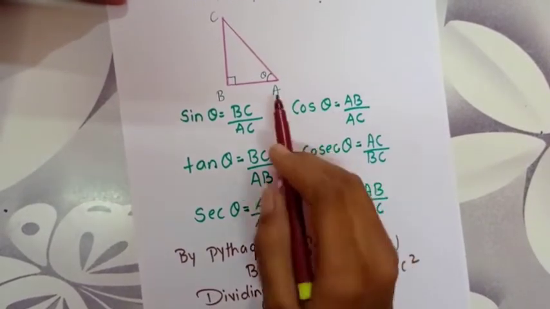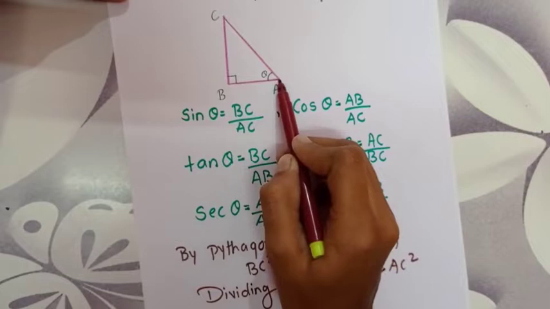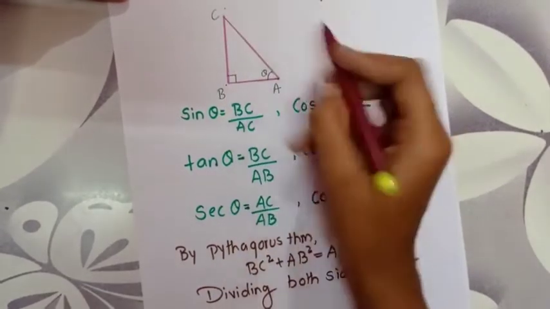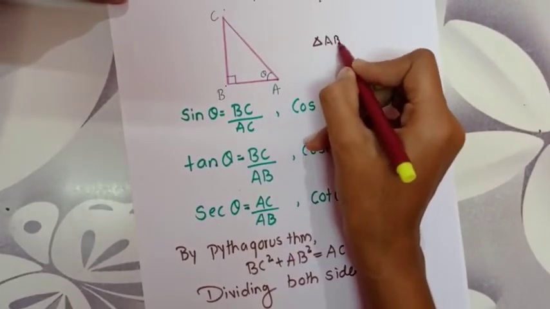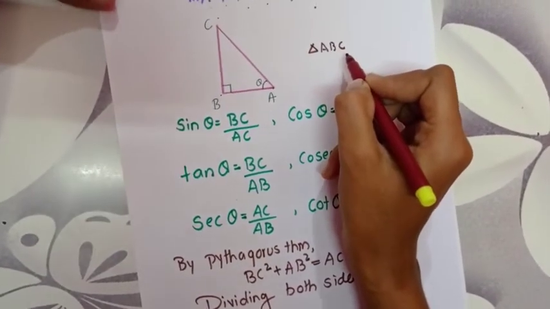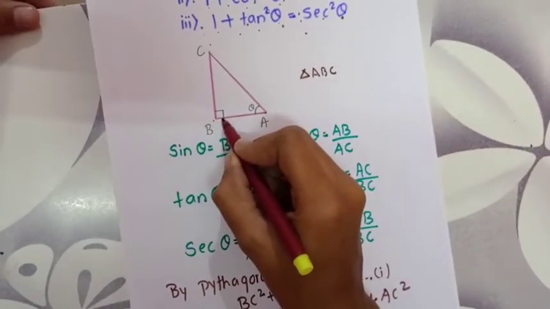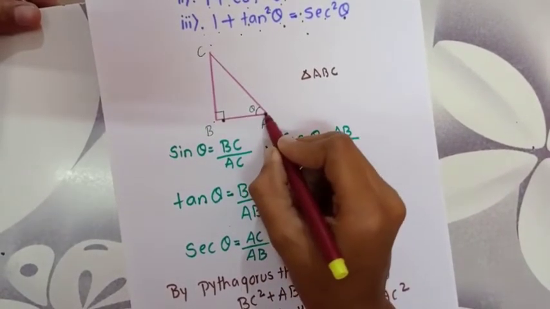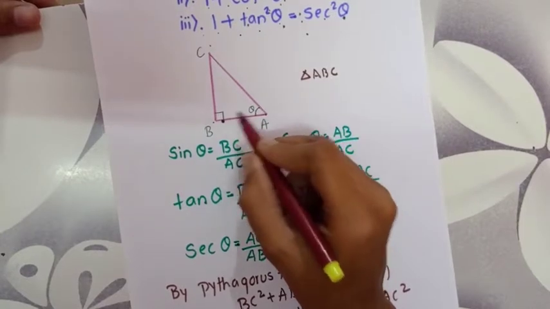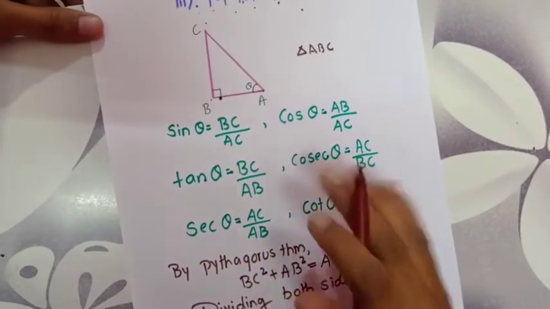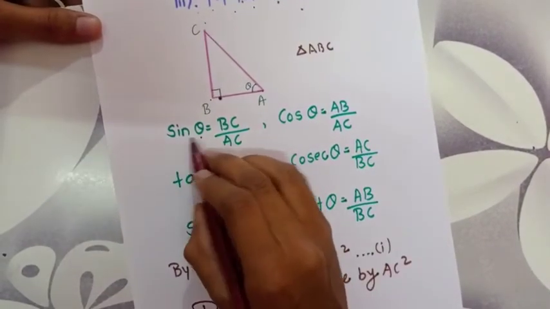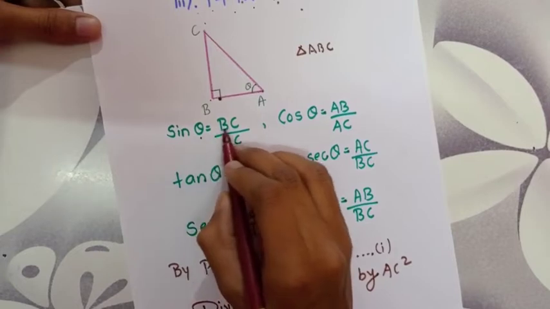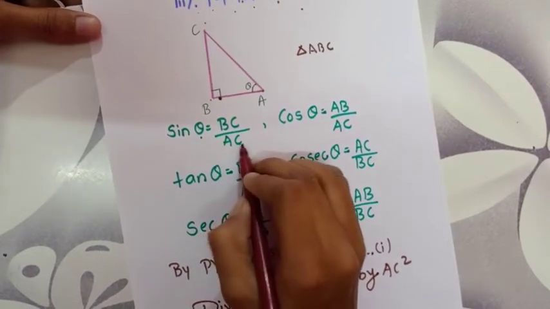Now here we have taken a right angle triangle ABC, where angle B is 90 degrees and angle A is theta degrees. It is an acute angle in a right angle triangle. Now we know sin theta is equal to the opposite side over the hypotenuse.